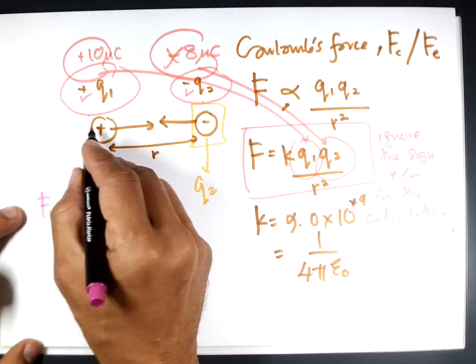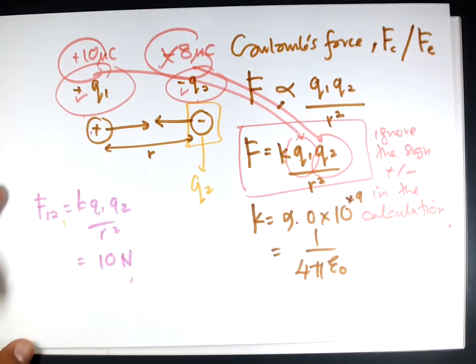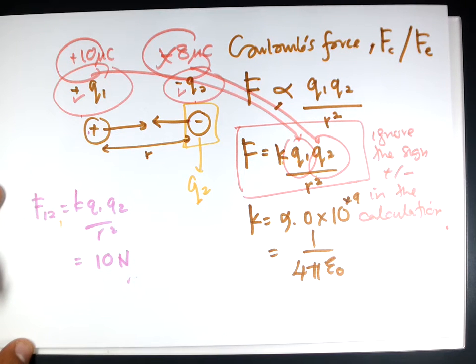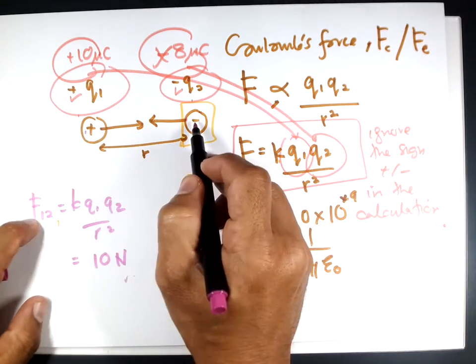Because this is positive, this is negative, whichever the question asks about, that one will move. Which is about the question. That one is what we call the test charge. The test charge is the one being acted on. You act on it. This is your point charge. You act on it.